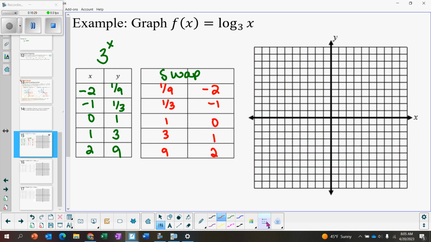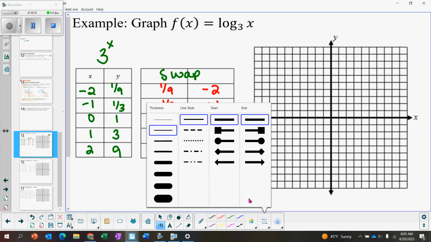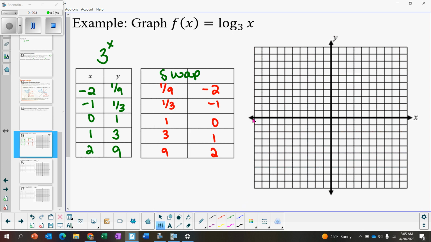So it is going to be a little tricky to graph some of these because they're very, very small numbers and they're very close together. So we have 1/9, negative 2; 1/3, negative 1; 1, 0. Then we have 3, 1, and 9, 2. So before, the asymptote would have been y equals 0. So now my asymptote is actually x equals 0.